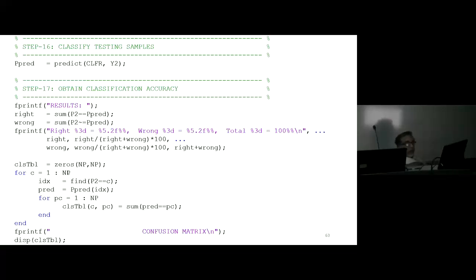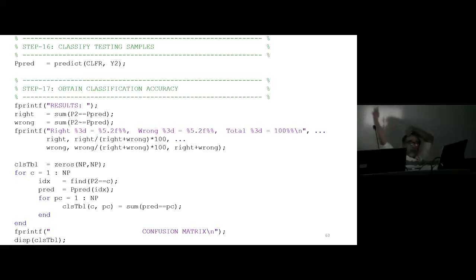Also, for each person, I find the number of people who are classified as each. So each row would correspond to one person, and then each column would be how many times the person was classified as each person.